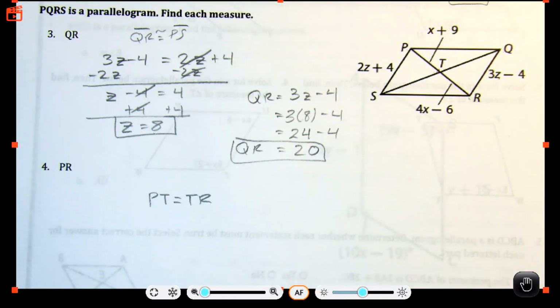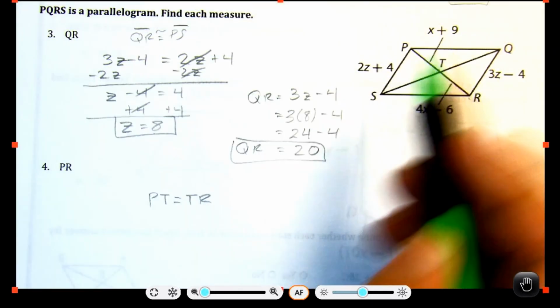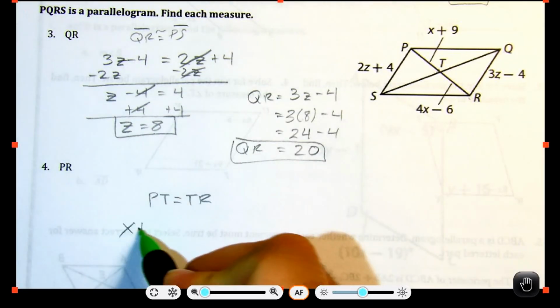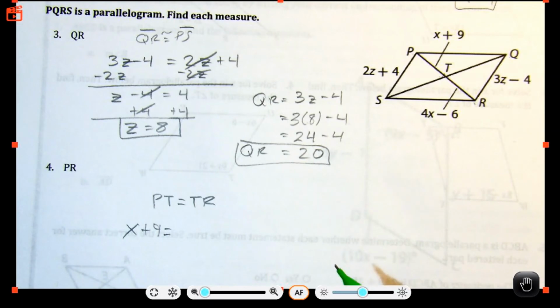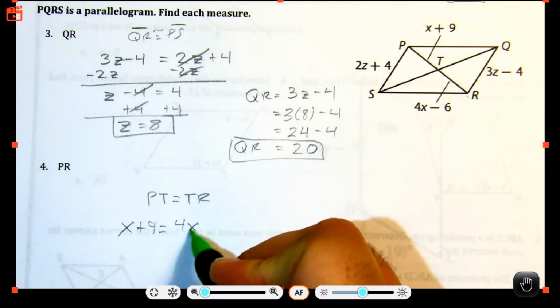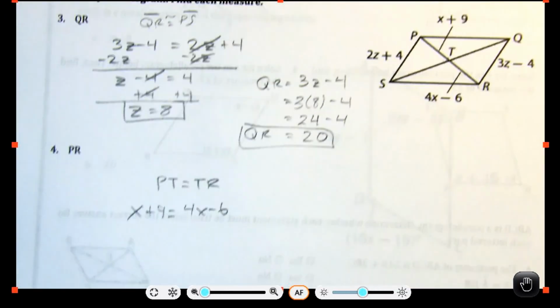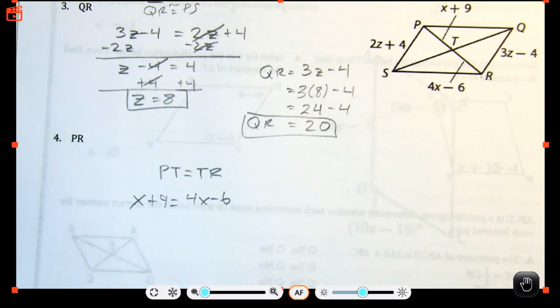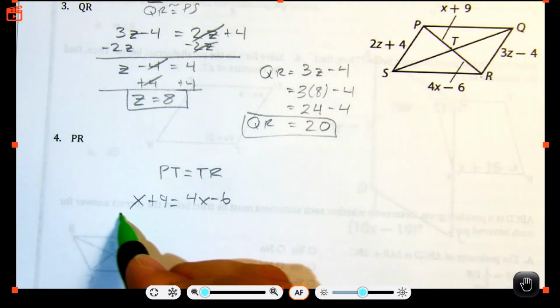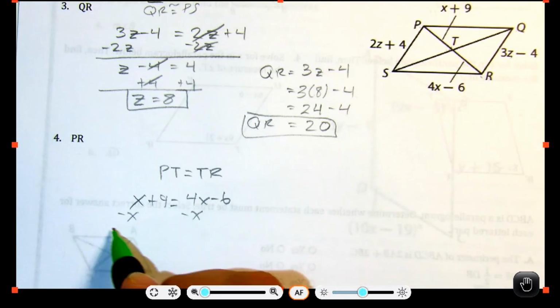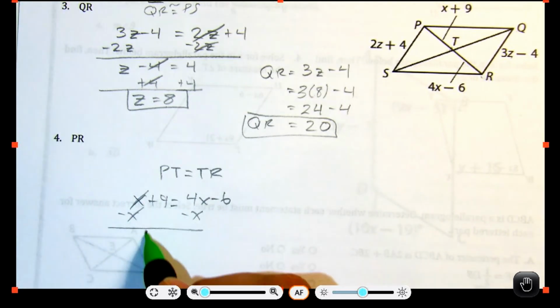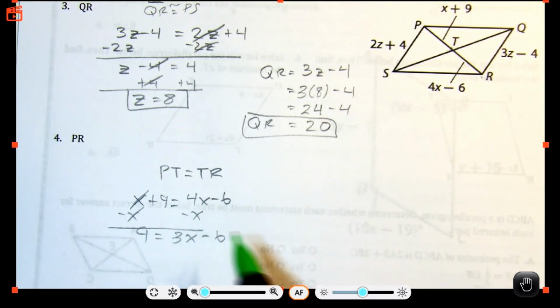Then we substitute, PT is x plus 9, TR is 4x minus 6. Then doing some algebra, I could subtract x from this side, and I get 9 is equal to 3x minus 6.